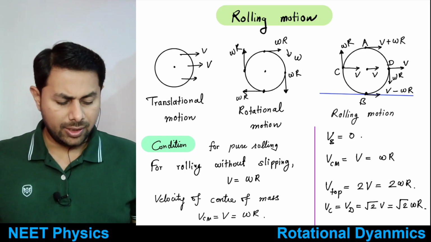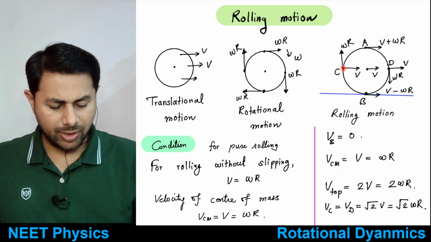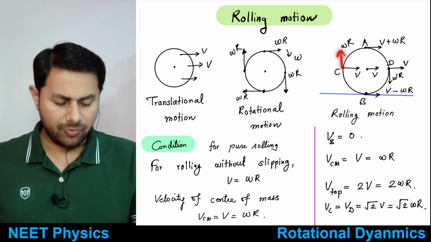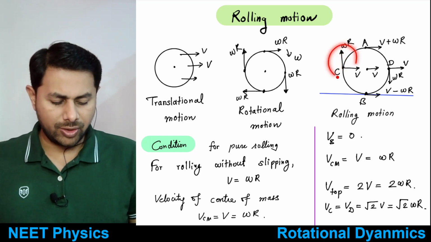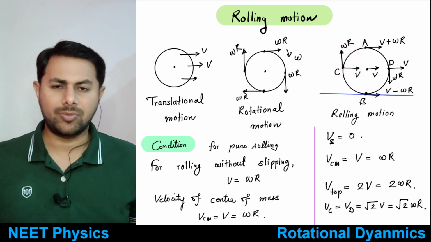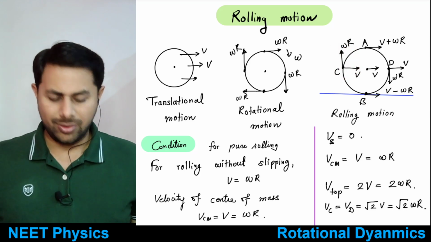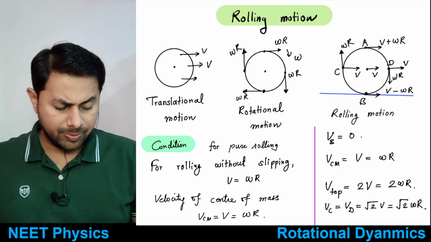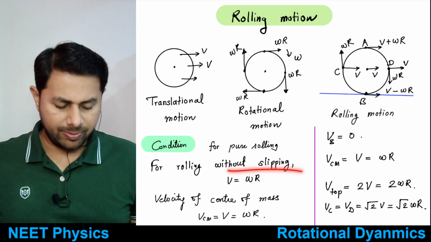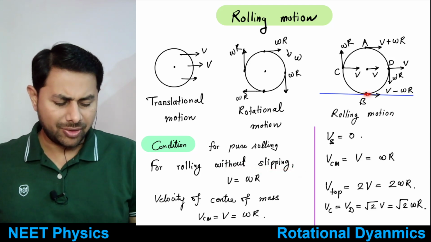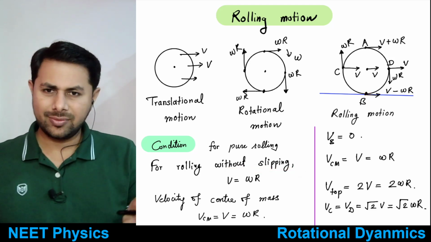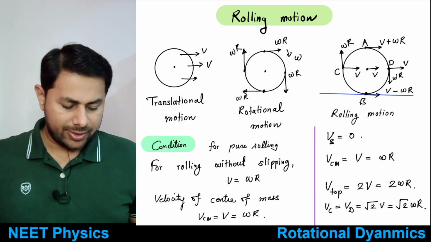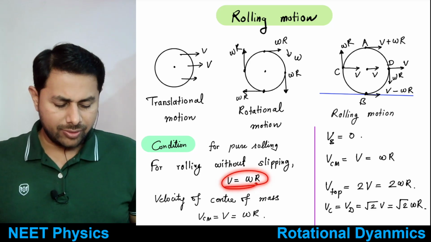Then if you consider this point, its linear velocity is directed like this, its rotational velocity is directed like this. So what would be its velocity? It will be the vector sum of these two. So this thing is clear, everyone. Now a body is purely rolling without slipping, the body is not slipping at all on this surface, so there is no sliding at all, then v must be equal to omega r.